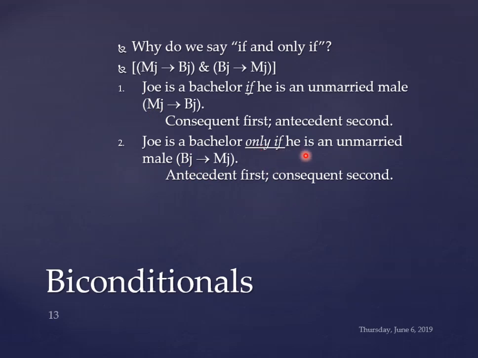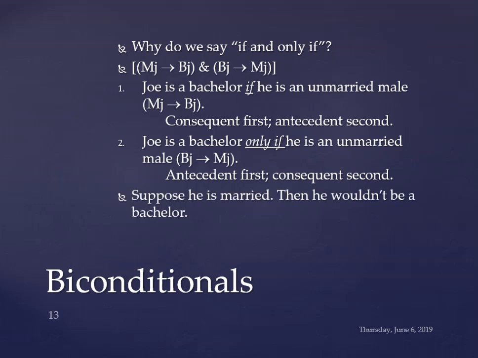Here's the thing with only if claims. Only if claims are talking about what's necessary for Joe to be a bachelor. Up here, what's sufficient for Joe's being a bachelor is his unmarriedness. And sufficiency is different from necessity. This is talking about what's necessary for him to be an unmarried male, because suppose he's married, then he wouldn't be a bachelor.